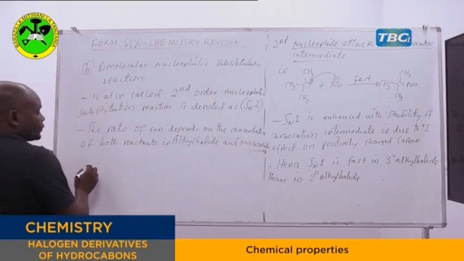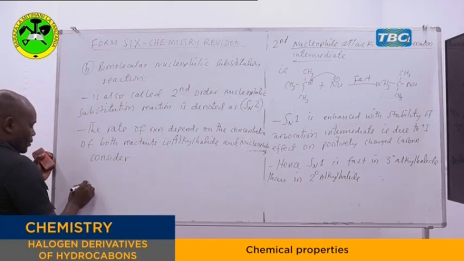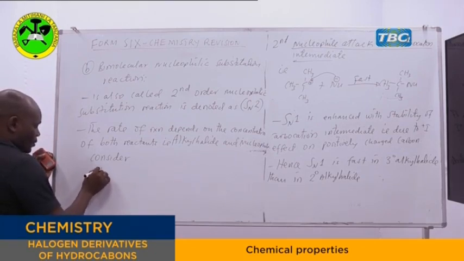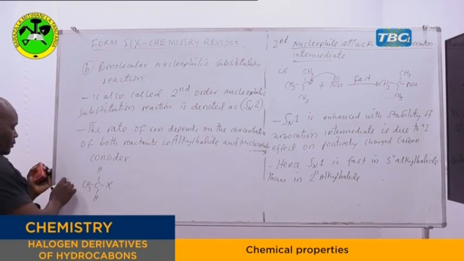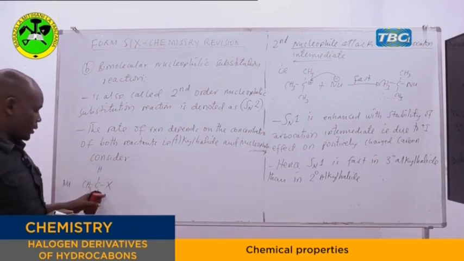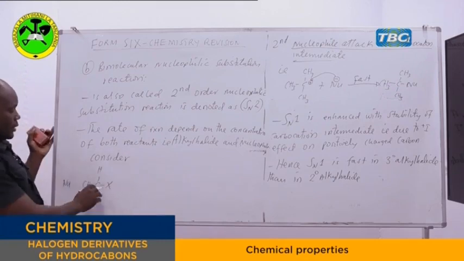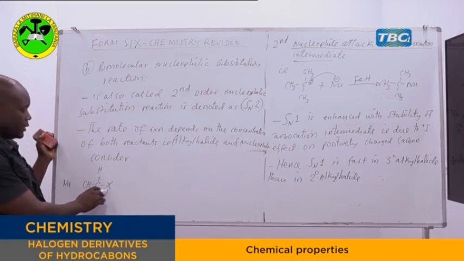Now consider this example whereby you have the nucleophile. Due to weak steric hindrance, the halogen makes the carbon positively polarized while the halogen becomes negatively polarized.